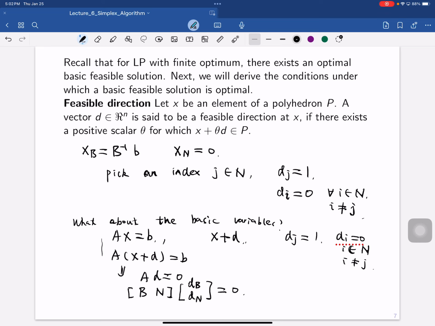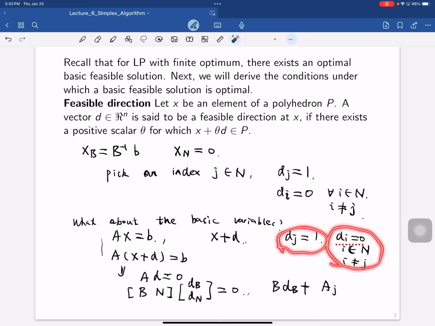Then you just need to do the algebra. That's B times dB plus Aj. Why is that the case? Because all the non-basic directions are 0, as we already studied here, except the jth one, right? So N times dN would only be the jth column of N, because all the others are 0.